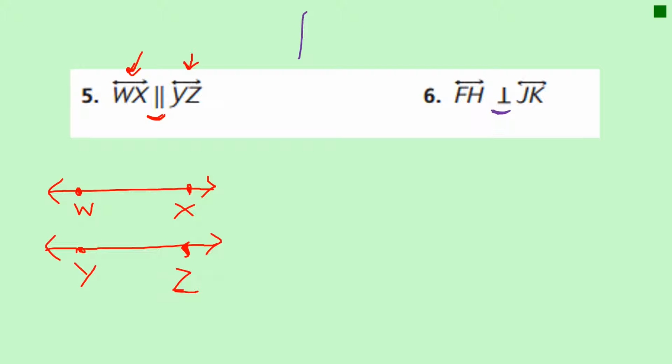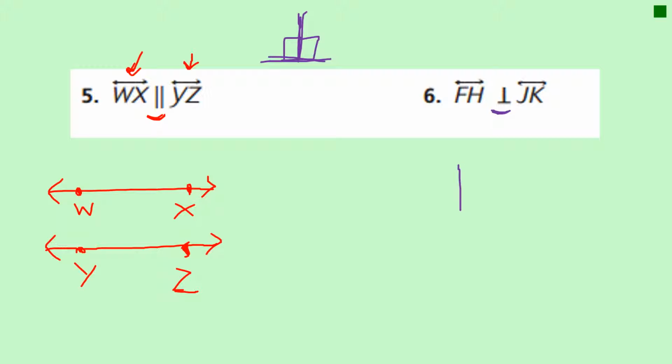And if you look at it, you're making basically two right angles with those perpendicular lines, right? So the symbol is the little perpendicular guy right there. So we have to make line FH perpendicular to line JK.